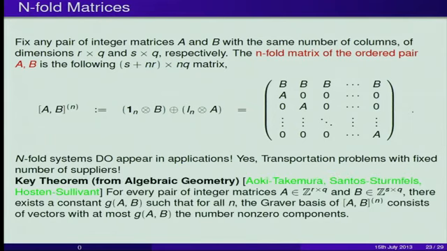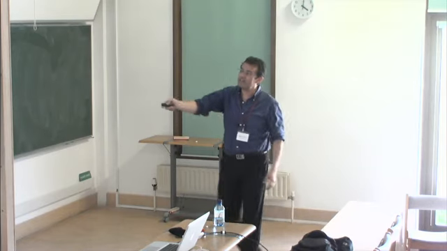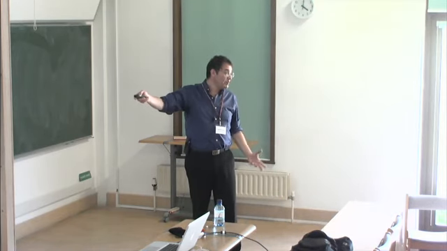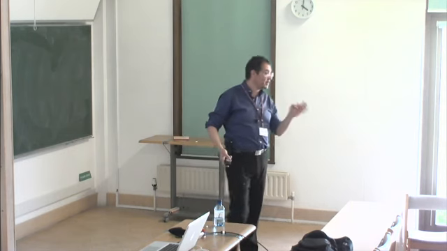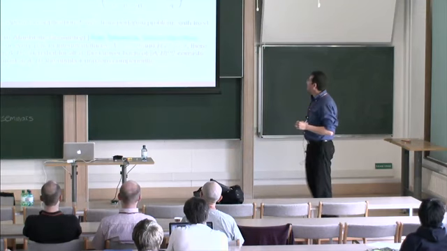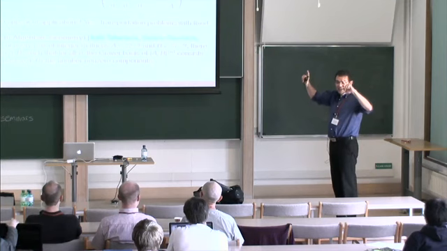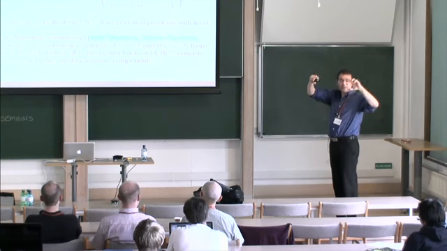The Graver basis of this matrix essentially can be recovered from a smaller matrix. So you don't have to compute the Graver basis again for this large matrix. At some point, there will be a constant that depends on A and B. Your original matrix is A and B, and the n-fold matrix of that size will be all you need to compute.